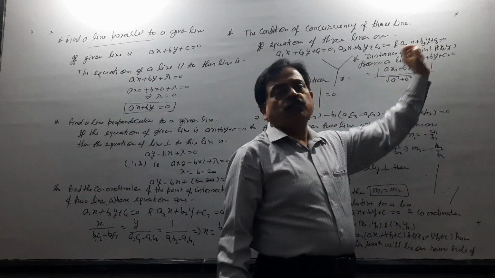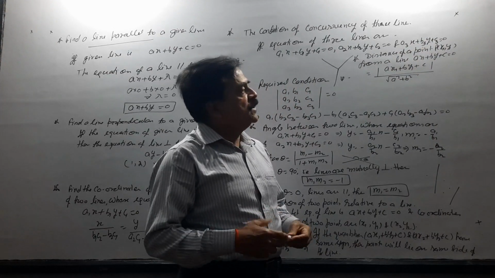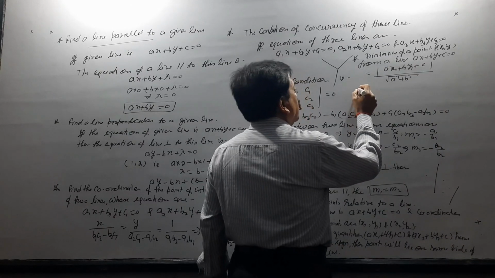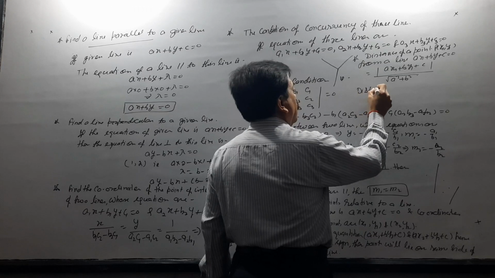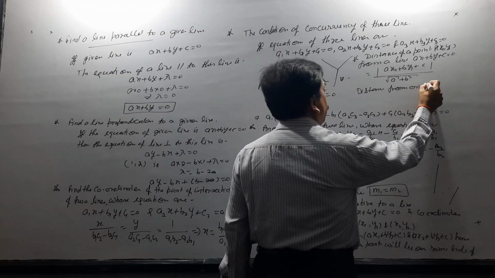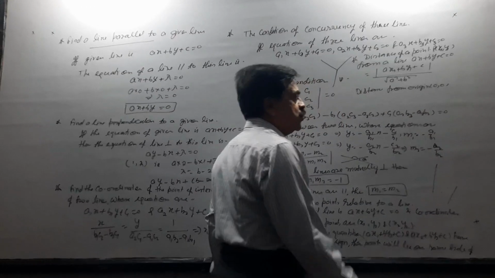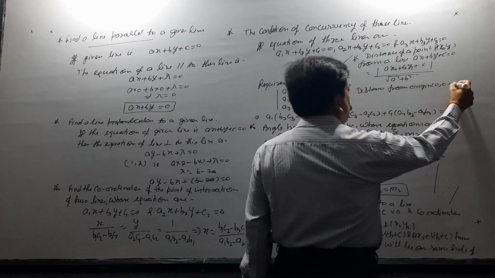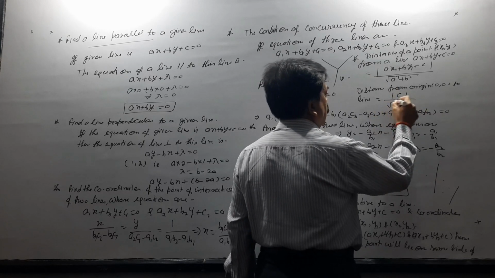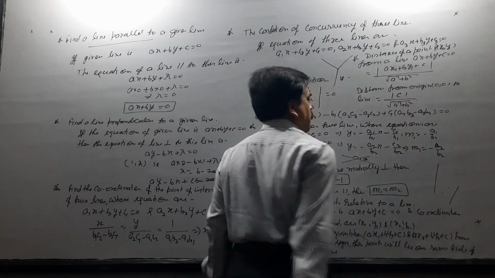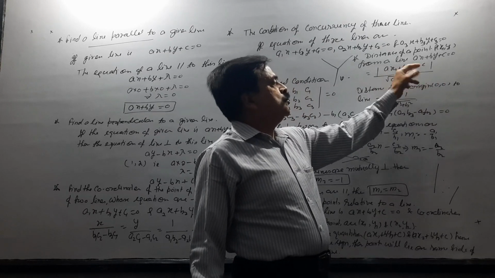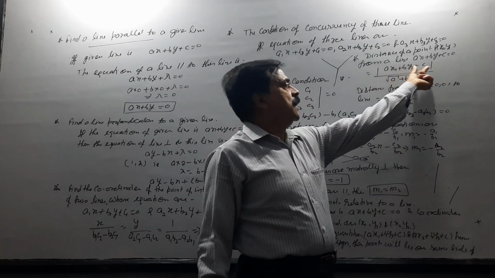If this point is the origin, meaning the coordinates of the point are 0, 0, then the distance from the origin to the line is equal to mod of c upon root a square plus b square. x1, y1 are 0, 0, so the first two terms will vanish and the rest is c.